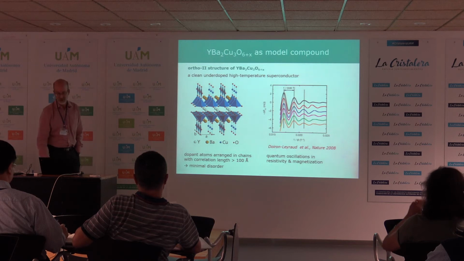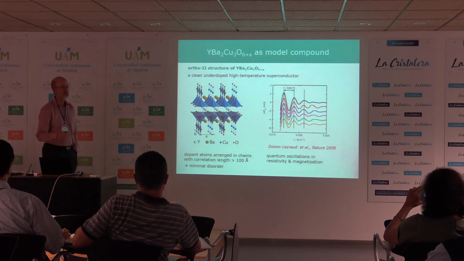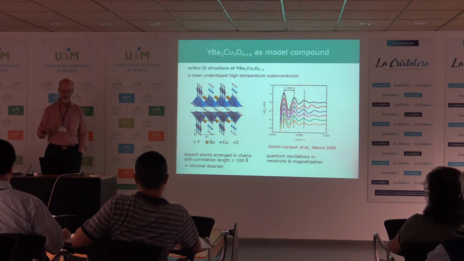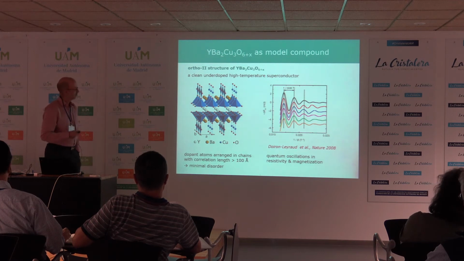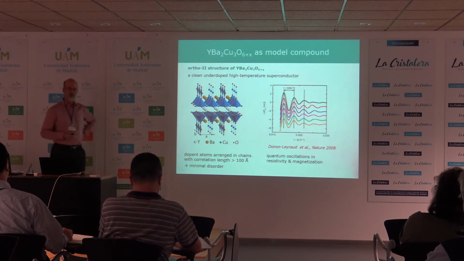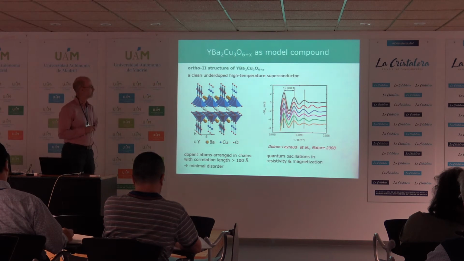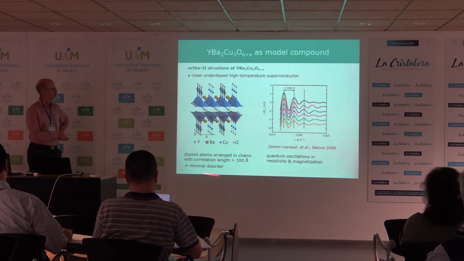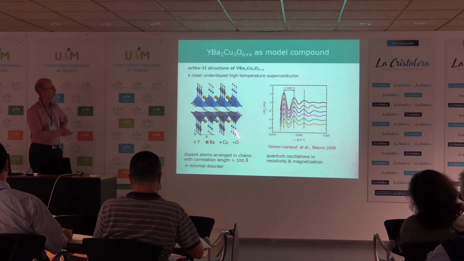And of course, disorder in most other cuprates is really a tremendous complication because you don't really realize to what extent the phenomena that you see, especially regarding different charge configurations, are actually induced by the impurities in the system.